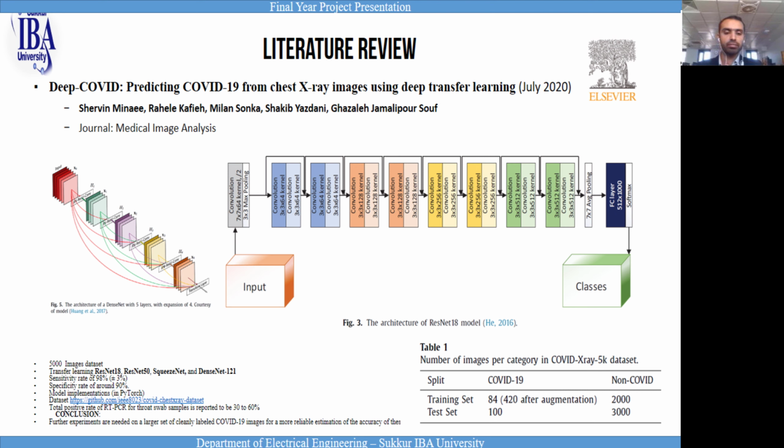The number of COVID-19 images is 84 for training set and 100 for testing set, meaning 184 total images for COVID-19. And normal and non-COVID images are 5k images. They have a short number of COVID images.